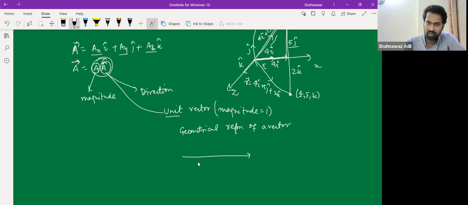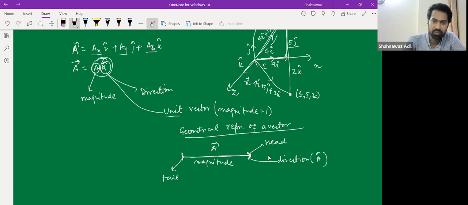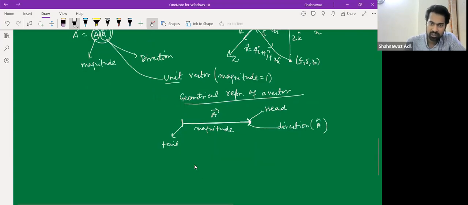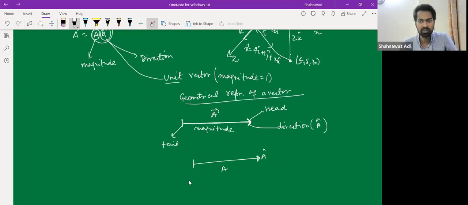You can see that it has a tail and it has a head, and this length describes the magnitude, and this arrow, this head, describes the direction, which is the A vector. So this A vector has this magnitude and this direction. Understood, guys?